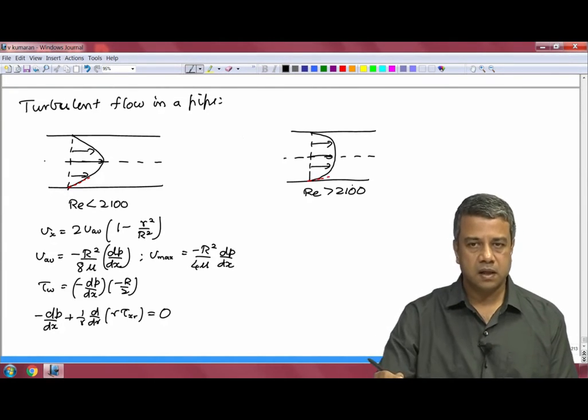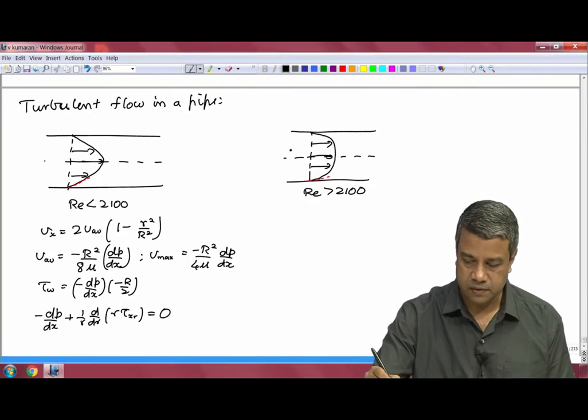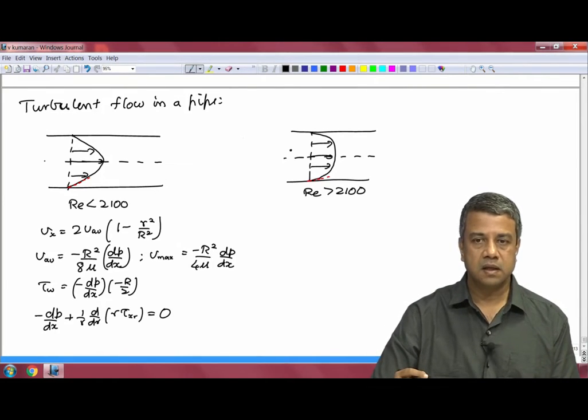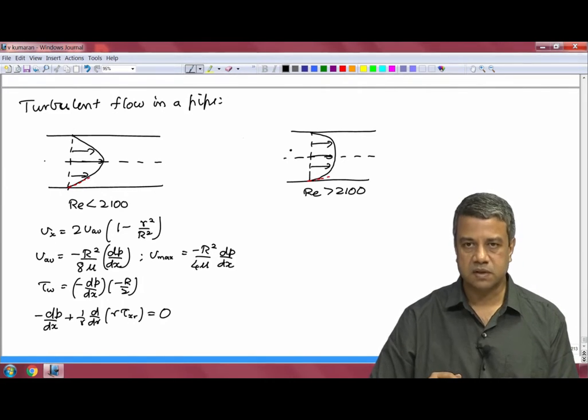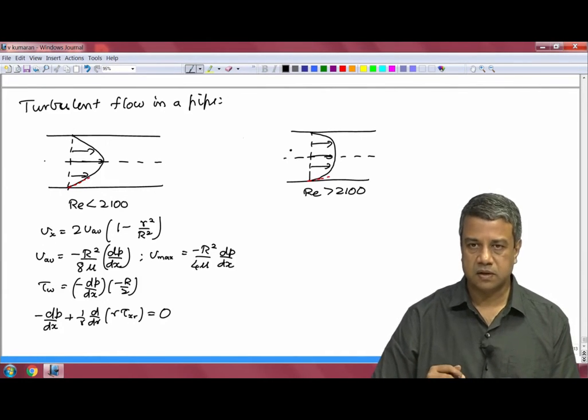At each point in the flow, the velocity is in the streamwise direction on average, but there are fluctuations in all three directions.